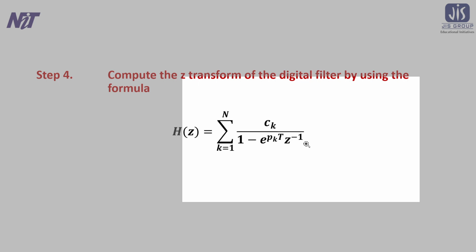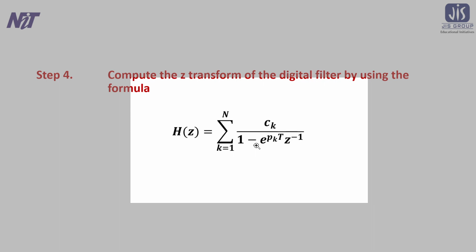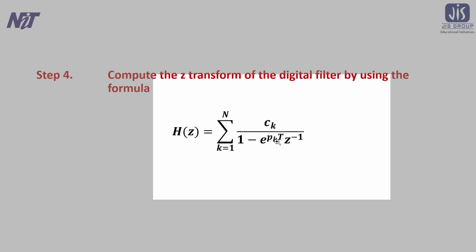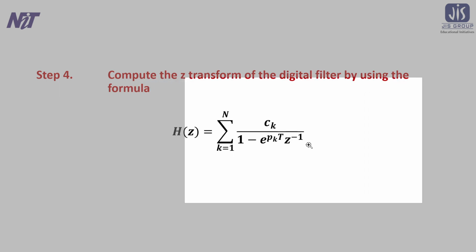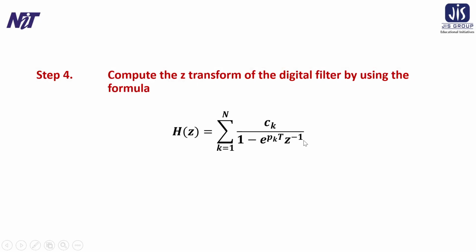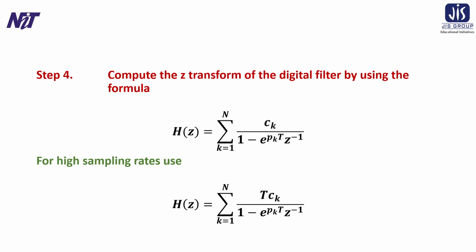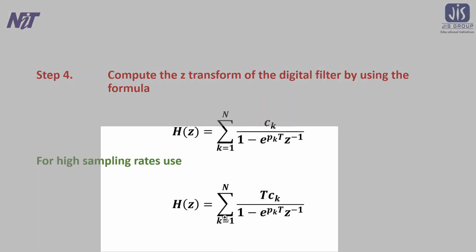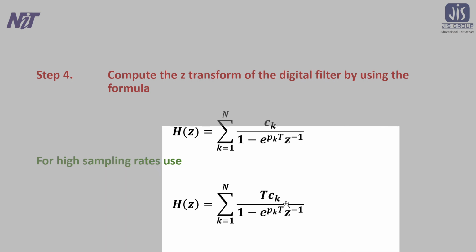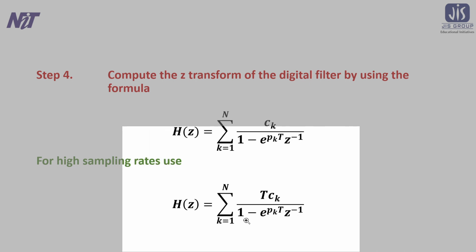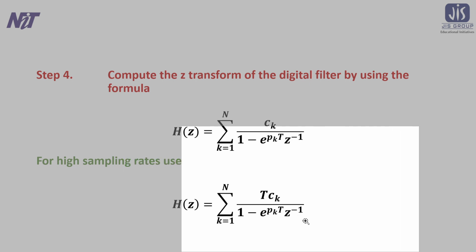So s minus pk in the analog filter transforms into 1 minus e to the power pk T into z to the power minus 1. Step number 5. For the high sampling rate, we use H(z) equals the summation of k equals 1 to N of T into ck divided by 1 minus e to the power pk T into z to the power minus 1.